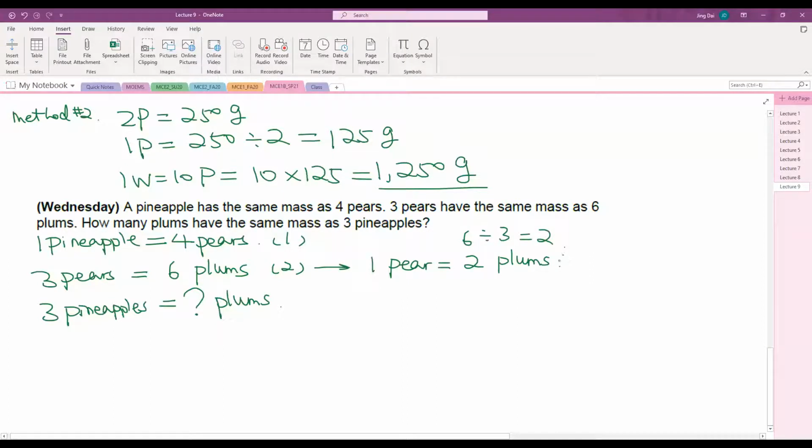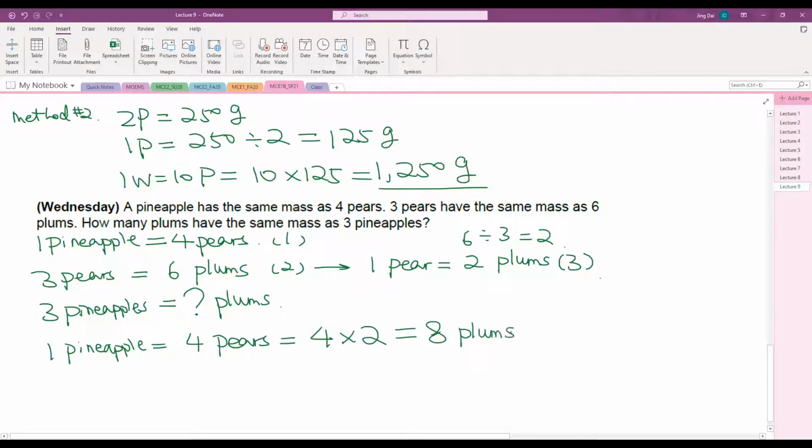And then how do we use, let me just say this is equation 3. Serena, how do we use equation 3? Then 1 pineapple, we know that 1 pineapple from equation 1 is 4 pears. And each pear is 2 plums. What do we do here? 4 times 2 equals 8. 8 plums.